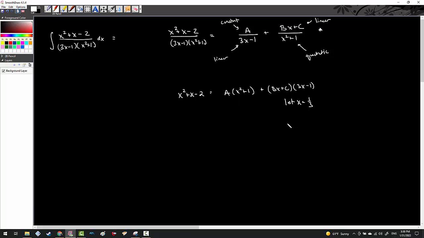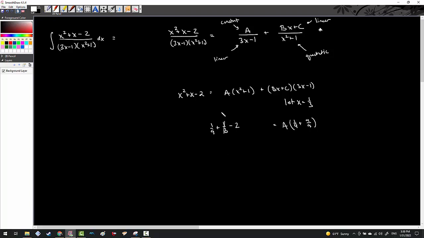So what is that going to look like? Well, that's going to be A parentheses 1/3 squared is 1/9 plus 1. I'm going to call it 9 over 9. Again, I'm going to kind of work through this a little bit quickly here. And that's going to be 1/3 squared again. So that'll be 1/9 plus 1/3 minus 2.